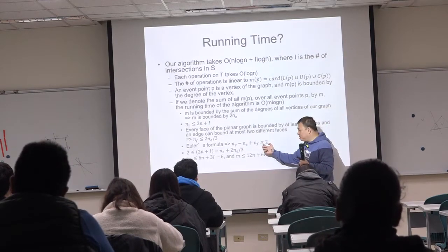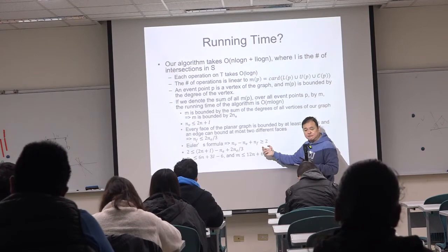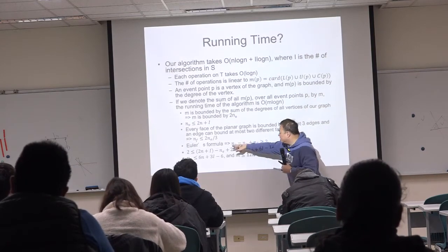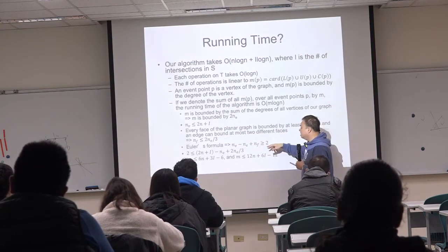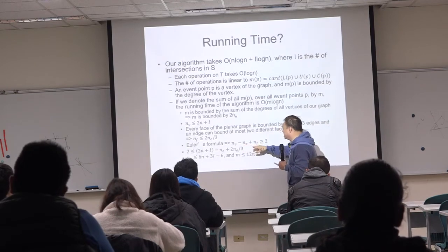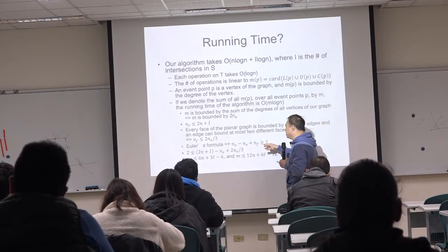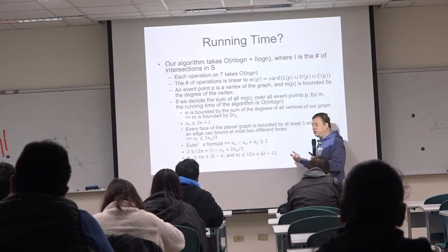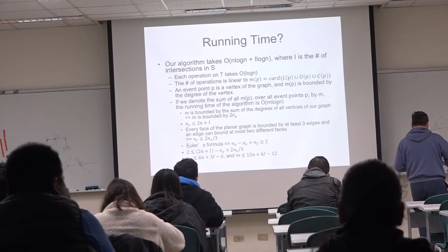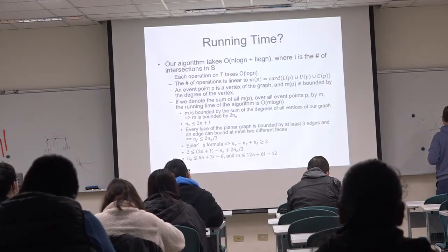But if the graph is disconnected, then this result, NV minus NE plus NF, is going to be greater than 2. Let me use an example, a very simple one.